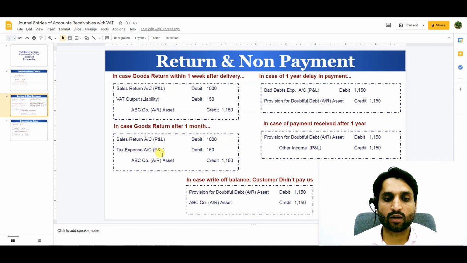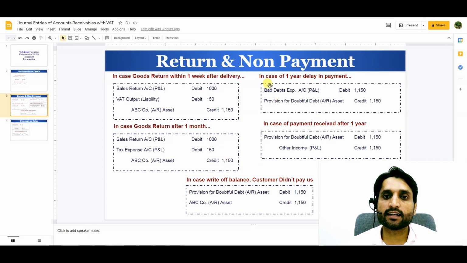Tax expense account will be debited 150, because this value added tax we have already submitted to the government, so we cannot do anything about this tax. This 150 will be our expense in profit and loss account. ABC company will be credited 1150, so their account will be zero because they have returned the goods to us. We have reversed the entry so that their balance will be zero.